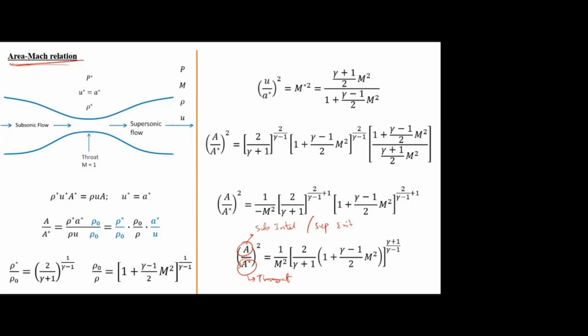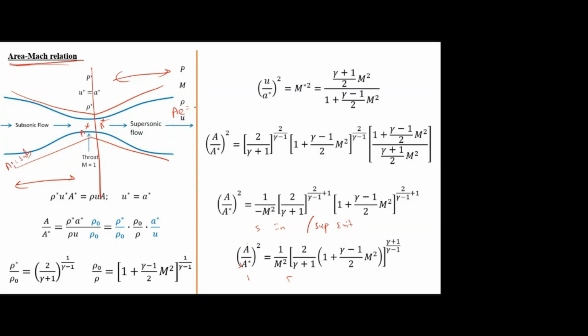A star corresponds to the throat, and this A can be a subsonic inlet or supersonic exit. That means if you take this CD nozzle, this A by A star equation you can apply to this section, that is throat to supersonic exit Mach number, or you can apply it in the inlet, throat to inlet. This can be subsonic. Is that clear? Both sides it will be applicable.